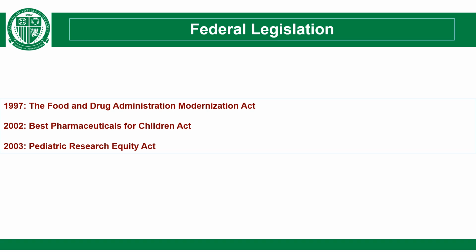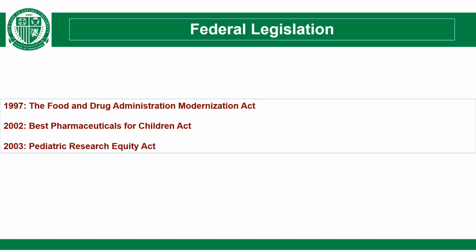For the Best Pharmaceuticals for Children Act, the BPCA gives manufacturers a 6-month extension of patents to evaluate drugs on the market for the safety of children.